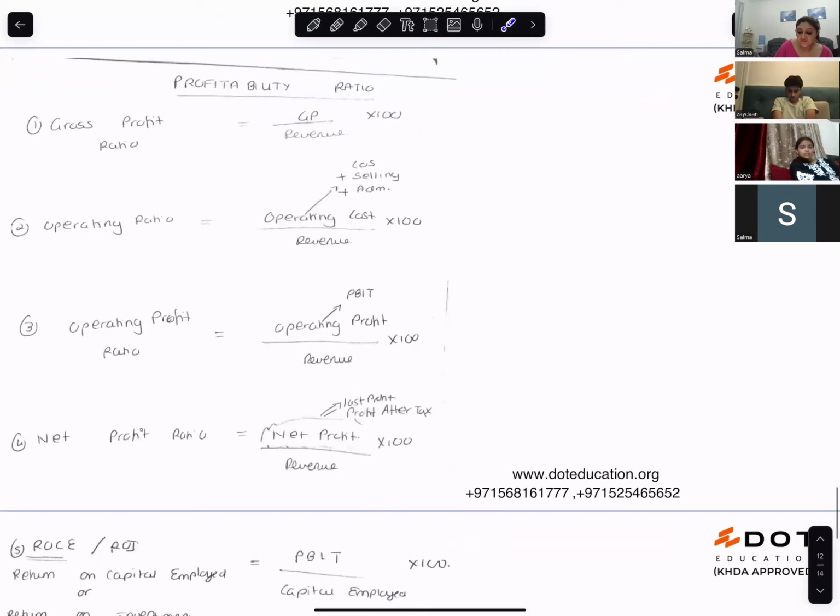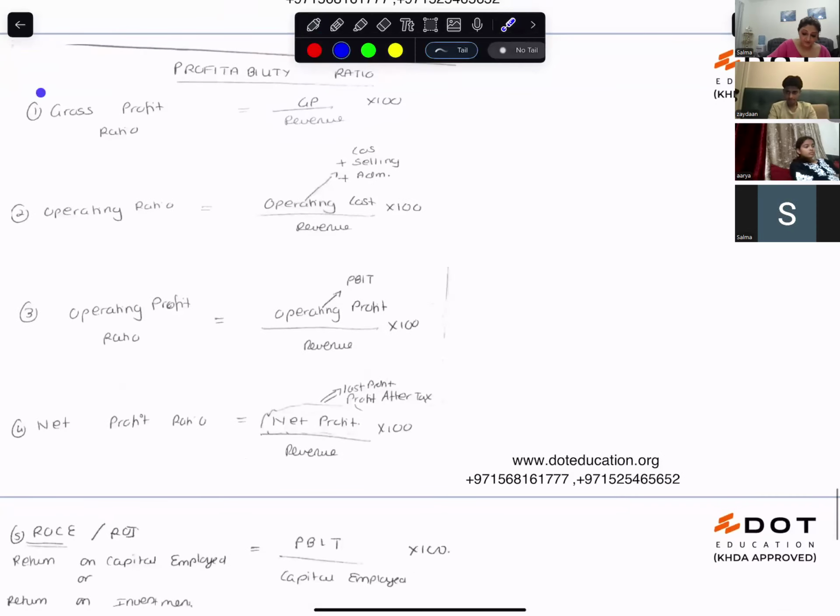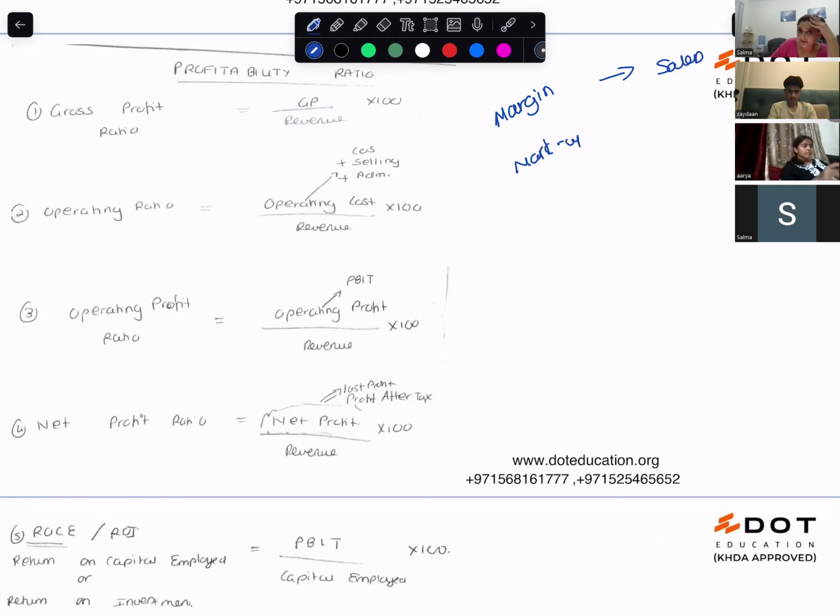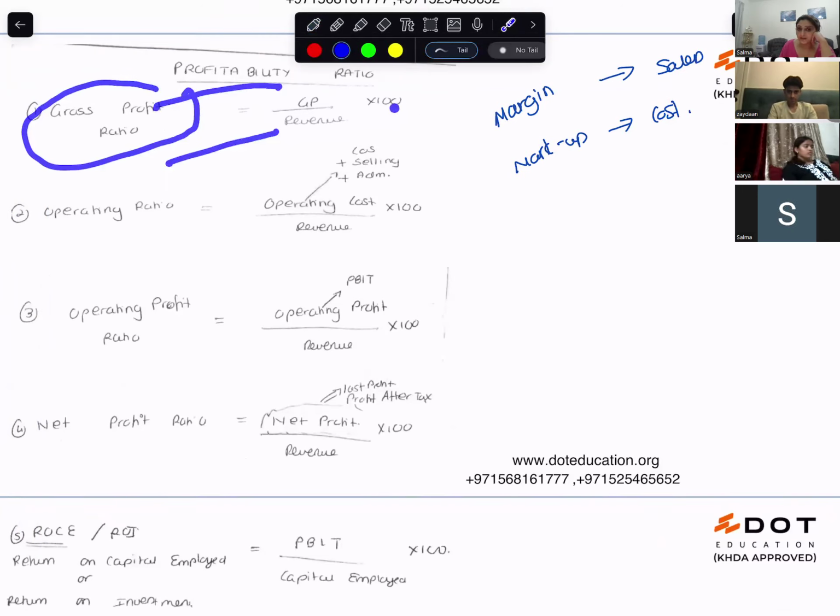Profitability ratios. There are 5 profitability ratios. Do you remember margin is on sales and markup is on costs. So when you talk about the gross profit ratio, it will be gross profit over revenue into 100.